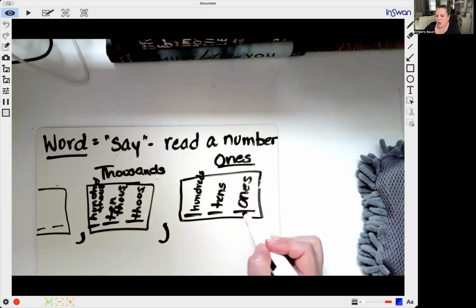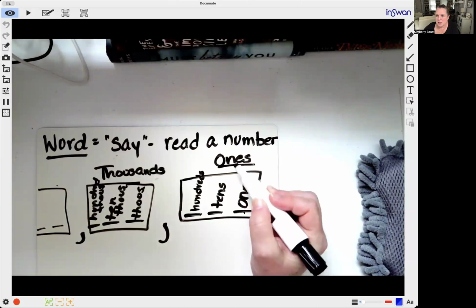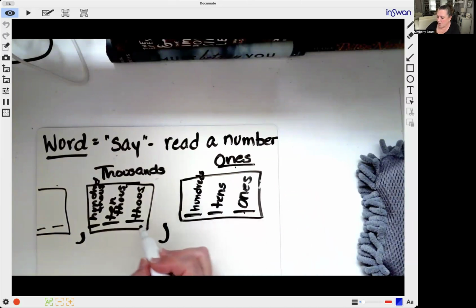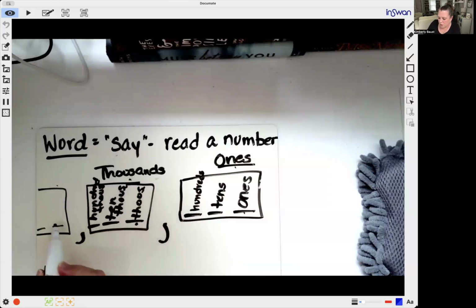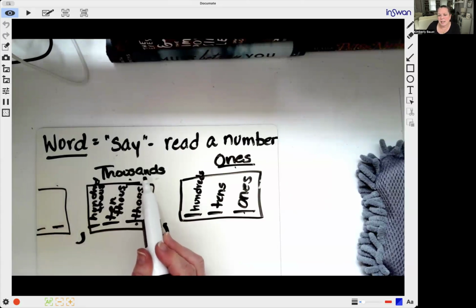Do you notice that ones, the first place, is the name of the car? Thousands, name of the car. And if I told you this place was millions, what do you think the name of this car is? Millions, exactly. When you run into a comma, you have to say the name of the car. Is there a comma after this one?